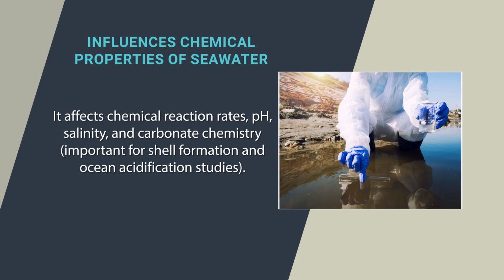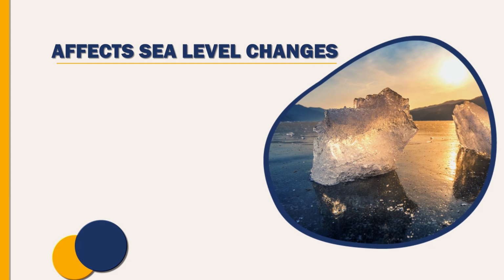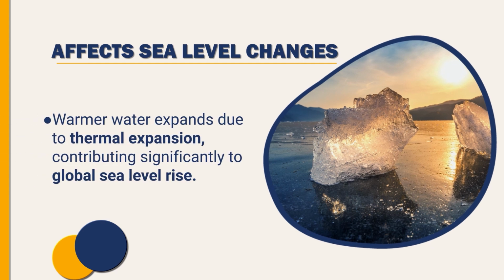You know, carbonate chemistry is important for shell formation of the ocean, and it is also used in ocean acidification studies. Sea temperature also affects the sea level changes, like warmer water expands due to thermal expansion, and it contributes significantly to the global sea level rise.